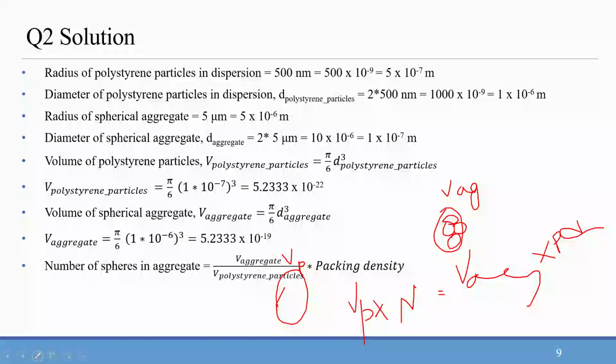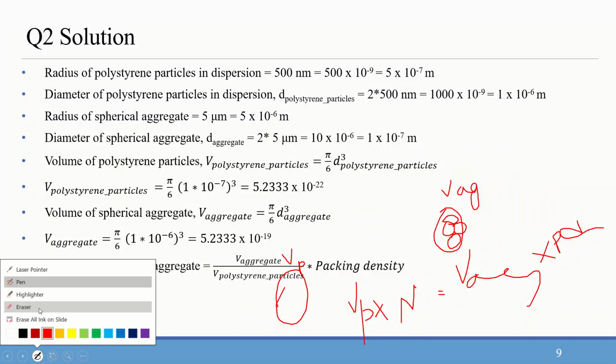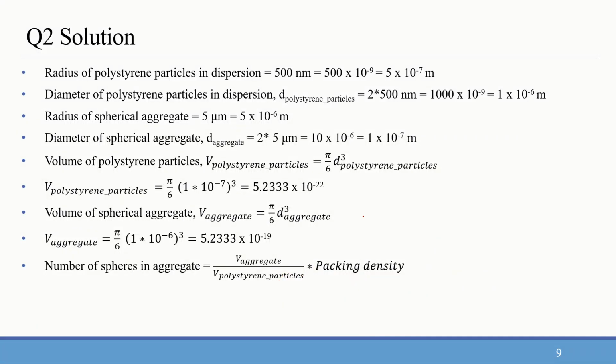The aggregate is composed of individual particles, but it is not fully covered with particles, so it has a certain packing density. So the volume of aggregate into the packing density will give us the volume of an individual particle into the number of spheres in the aggregate. So the number of spheres in the aggregate is the volume of aggregate divided by the volume of polystyrene particle, into packing density.